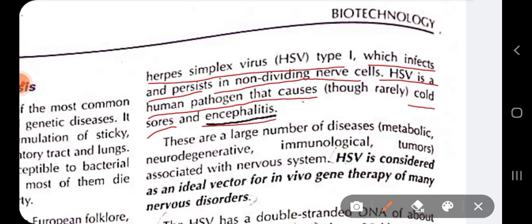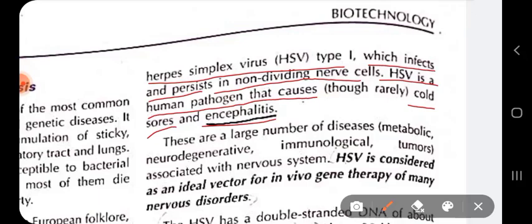Normally, herpes simplex virus is a human pathogenic virus which, though rarely, causes cold sores and encephalitis. Now, with the help of this herpes simplex virus, it can be used as a vector to target non-dividing nerve cells.